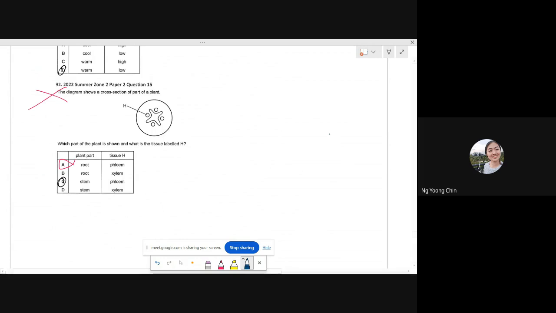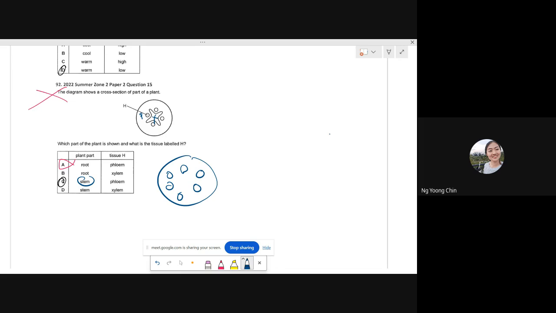This one also, I think it's a careless mistake. Which plant is shown and what tissue is labeled as H? This H refers to the phloem. This is xylem. This is in the roots. In the roots they will be arranged this way, because in the stem they will be in a ring form.